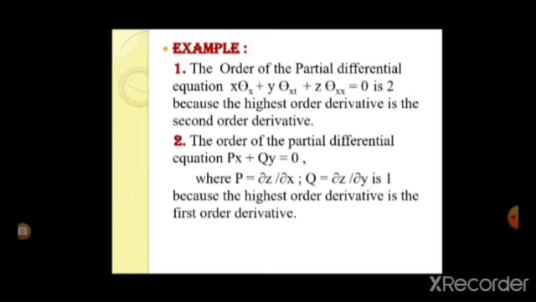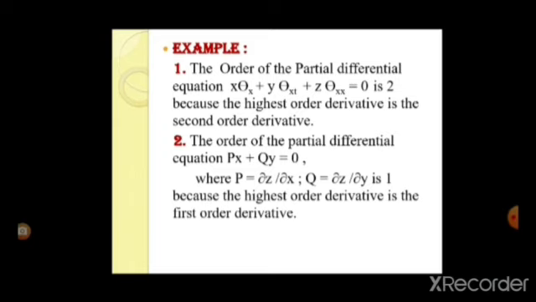Let us see the first one. The order of the partial differential equation x theta x plus y into theta xt plus z theta xx equal to 0 is 2. What is the order of the given equation?